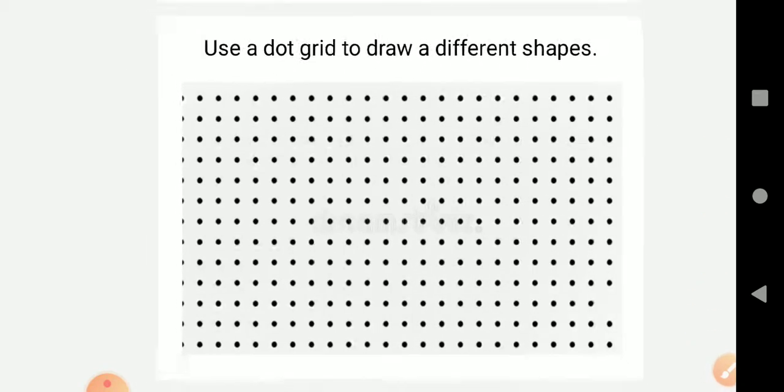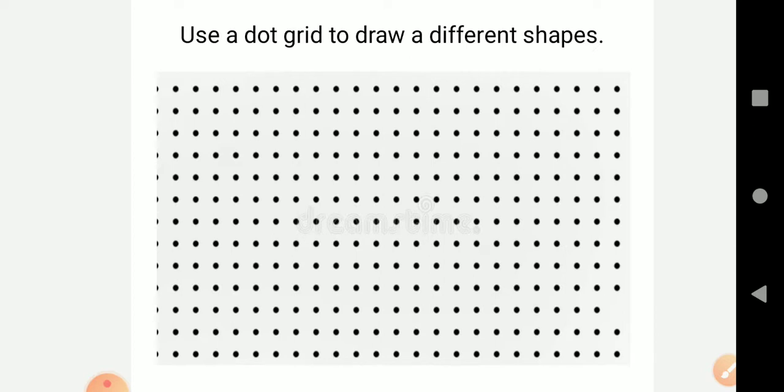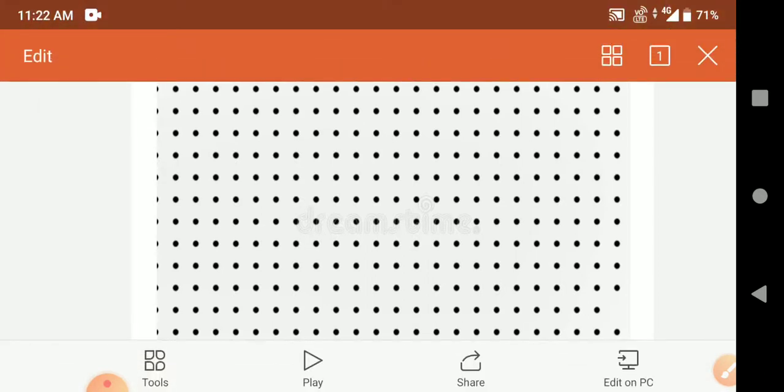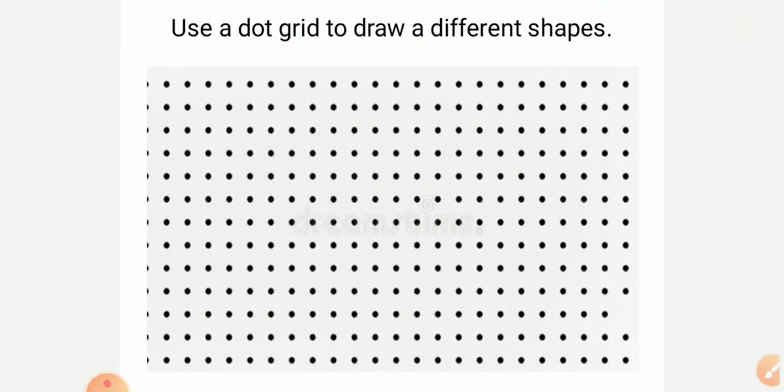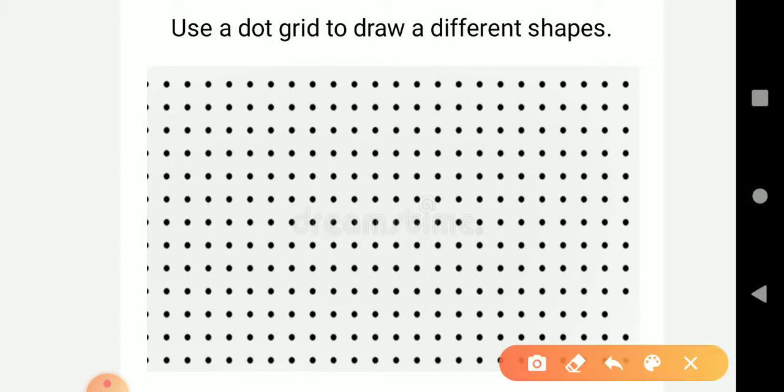Now use a dot grid to draw a different shape. Shapes are very easy to draw with the help of a dot grid. Okay, so I try here to draw some shapes, some mathematical or simple shapes. Okay, look at the picture.